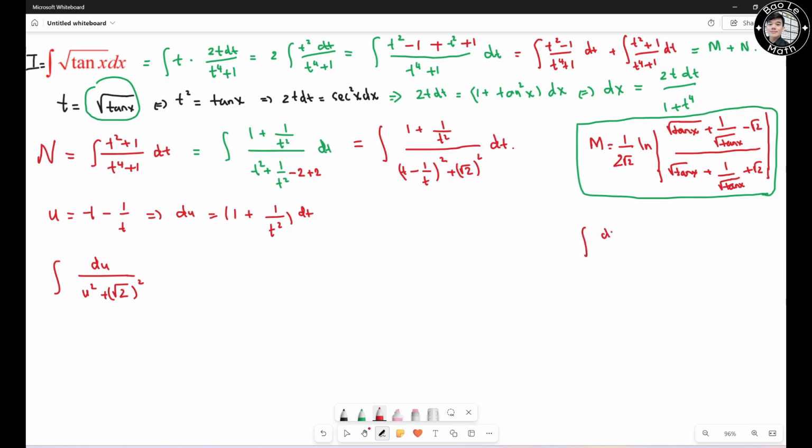the integral of ds over s squared plus 1 is going to be tangent inverse plus c. The integral of du over u squared plus a squared is going to be 1 over a tangent inverse of u over a plus c, right?